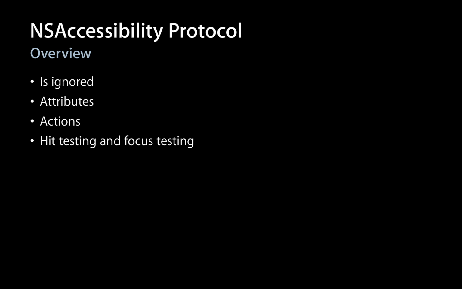There's also hit testing and focus testing that you could do with accessibility. And last but not least, you could post notifications when things change. I'm not going to go into details about how this protocol works. If you're new to the NSAccessibility protocol, I encourage you to look at the previous WWDC videos or at our documentation online.